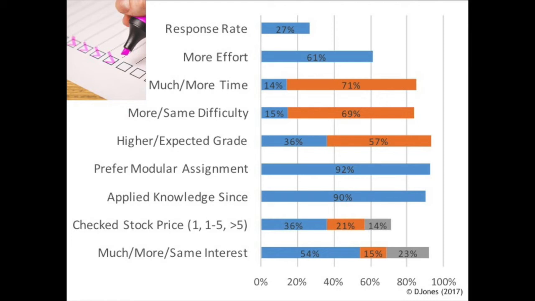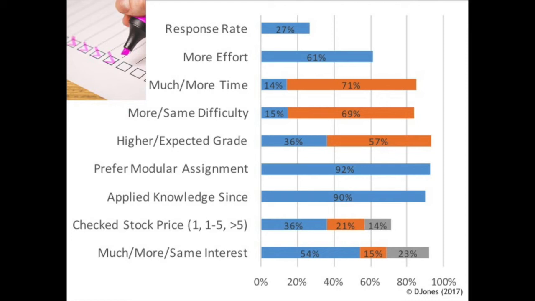The first thing we wanted to know was how this course compared to other 300 level courses with respect to effort, time, and difficulty. So first off, students said that they spent more effort at 61%, more time at 71%, and much more time at 14%, even though the assignment was said to be around the same level of difficulty.